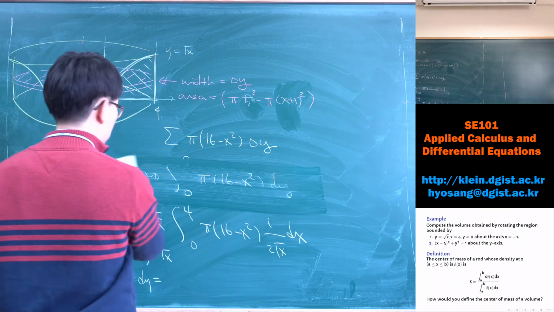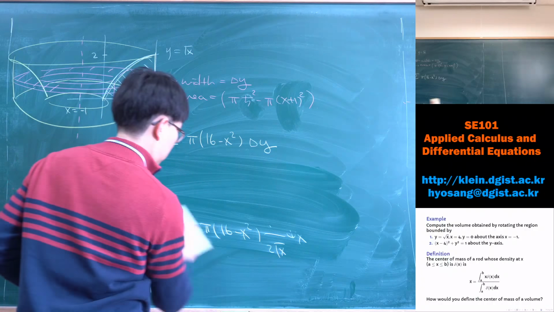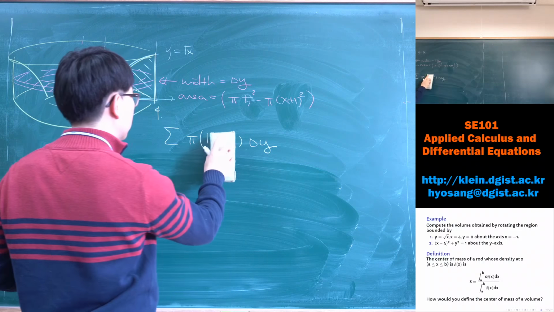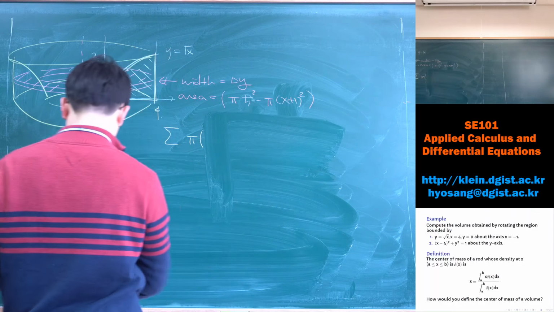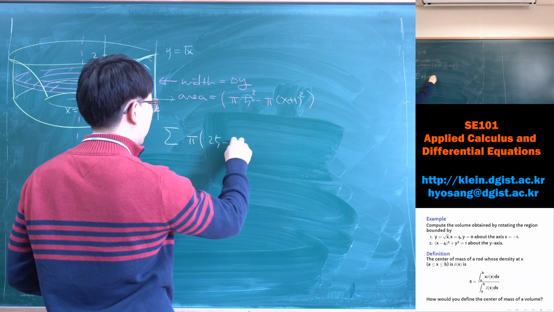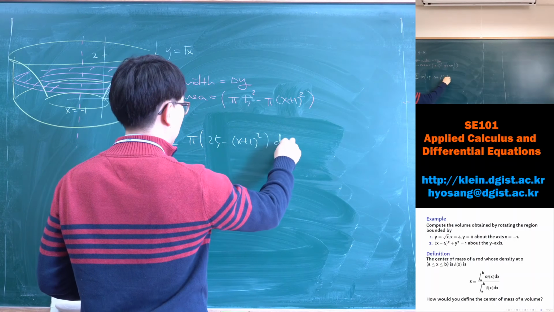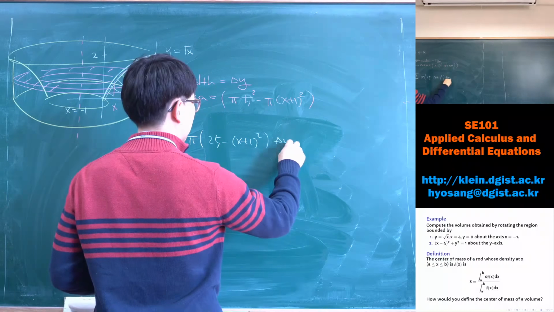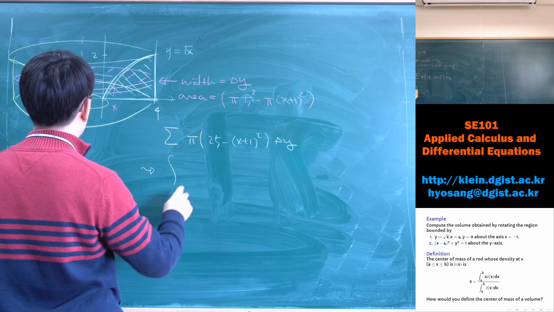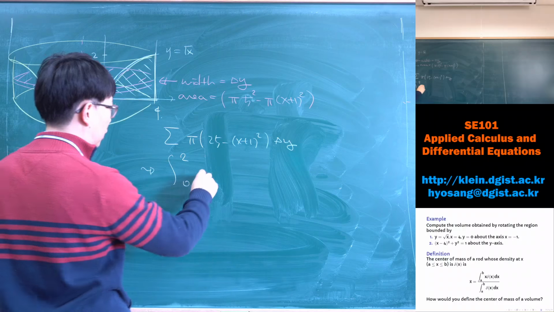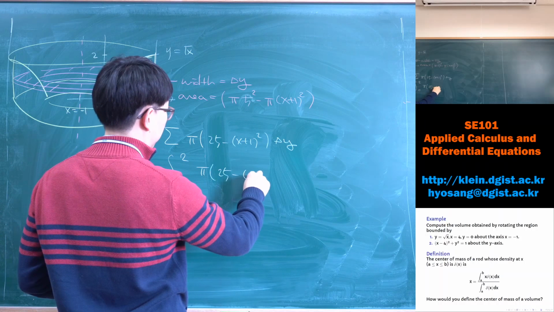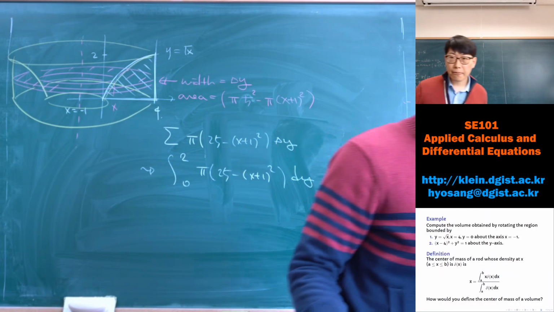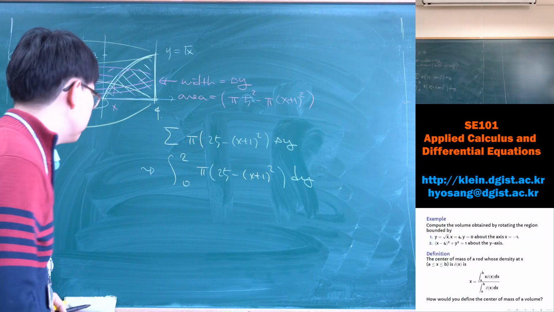So let me change all this. So we have 25 minus x plus 1 squared delta y, right? And then this becomes the integral from 0 to 2 of pi times 25 minus x plus 1 squared dy, right? Yeah, sorry.